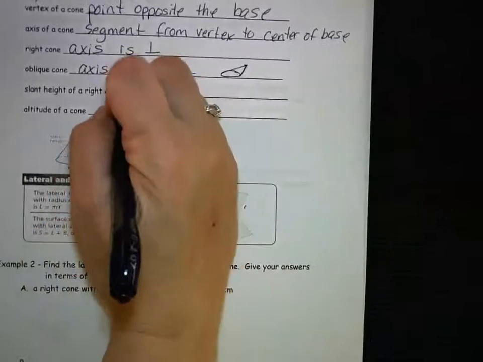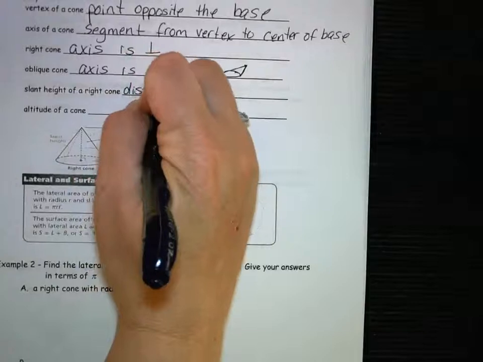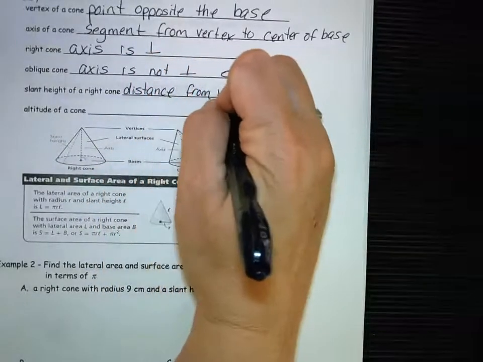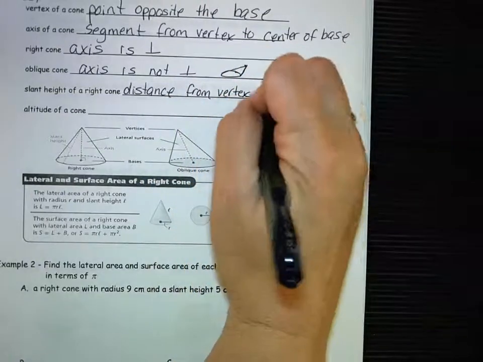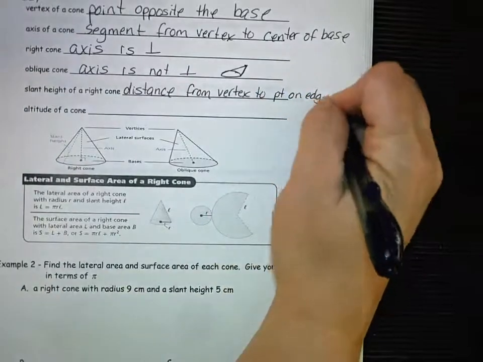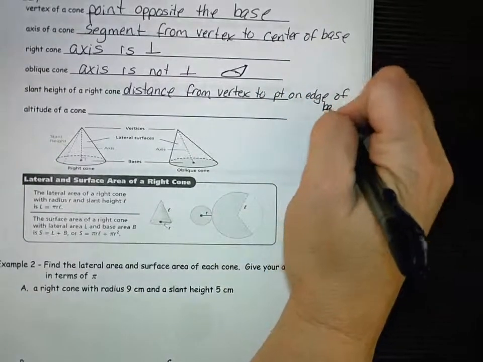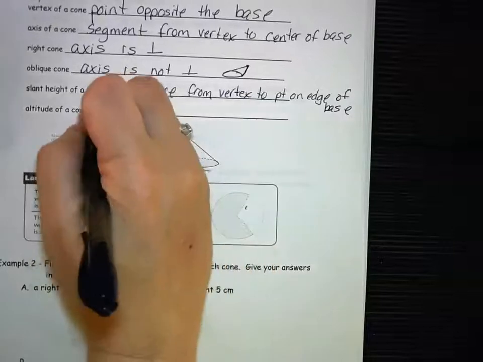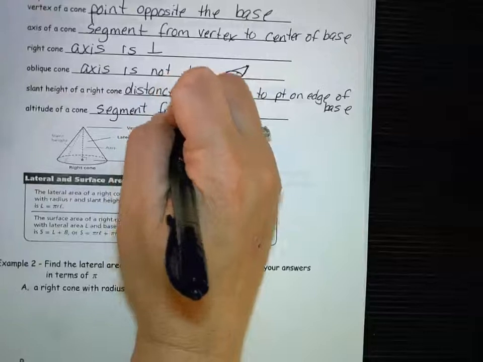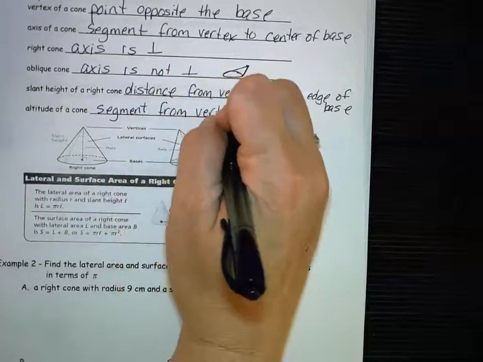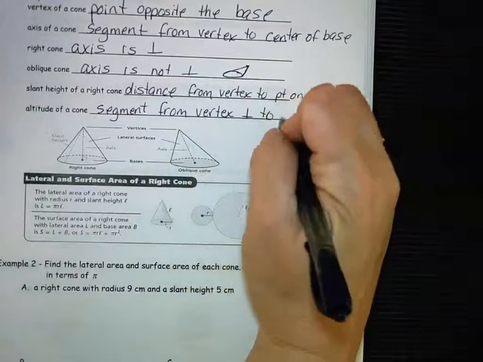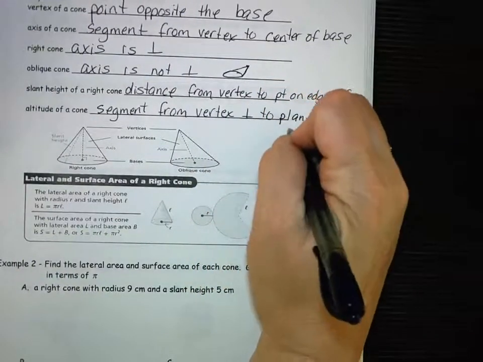Slant height of a right cone is the distance from the vertex to a point on the edge of the base, and an altitude is the segment from the vertex perpendicular to the plane of the base.